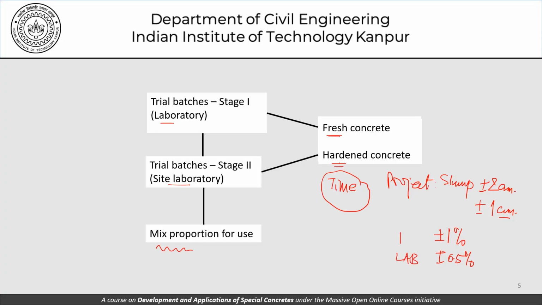This is my project window for air, and I use a narrower band, a stricter quality control in the lab environment, because only then are we trying to buy an insurance against some variation that will arise out of the changes in the material properties being used at site and so on.